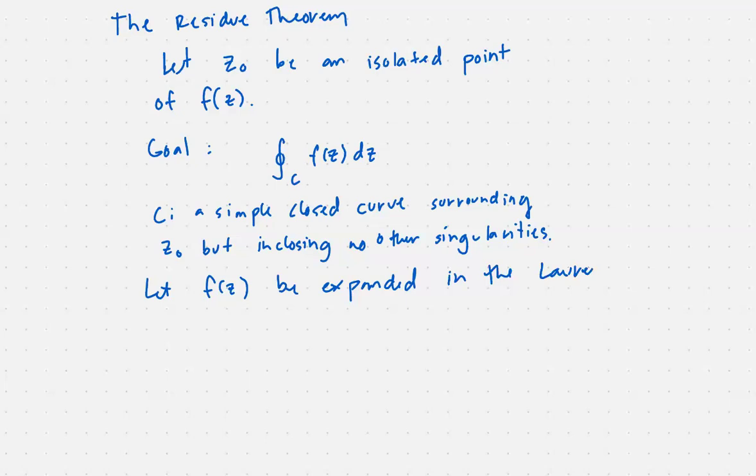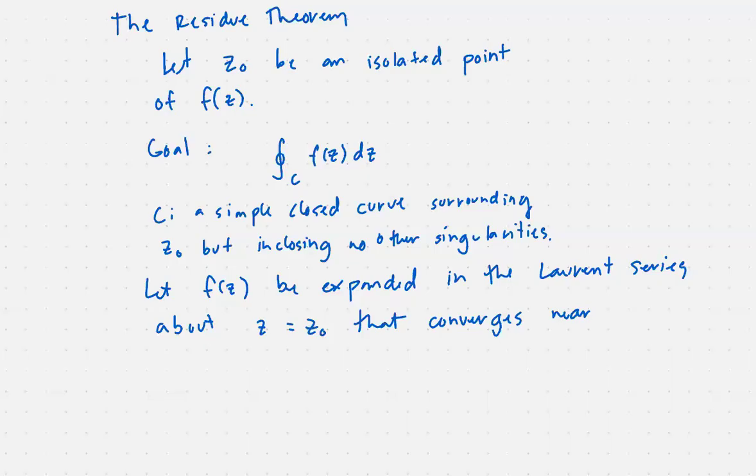So we expand it about the point z equal to z sub 0. Okay? So essentially, it converges, and we need to make sure that it converges near the point that we are expanding our function in. So C equals C sub 0.